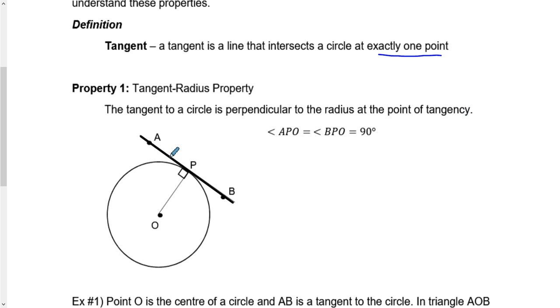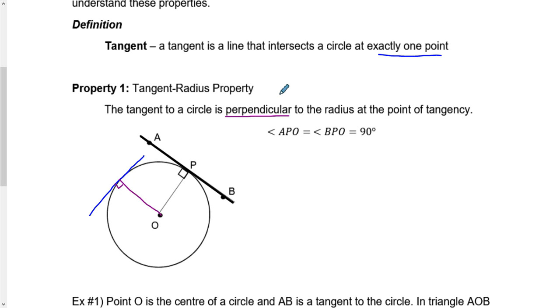What that means is if you have any kind of line, no matter where it is, and it touches the circle at exactly one point, if you draw something that goes through the radius, it's going to create a right angle.